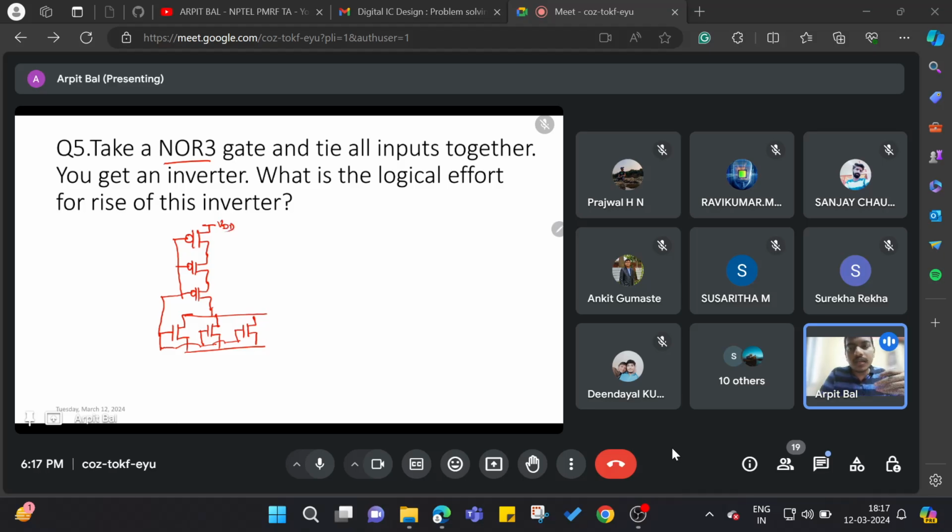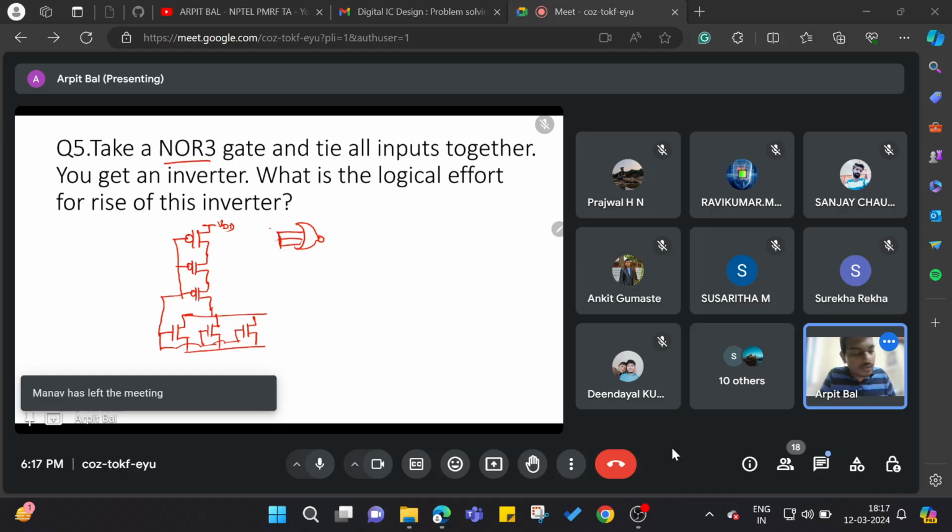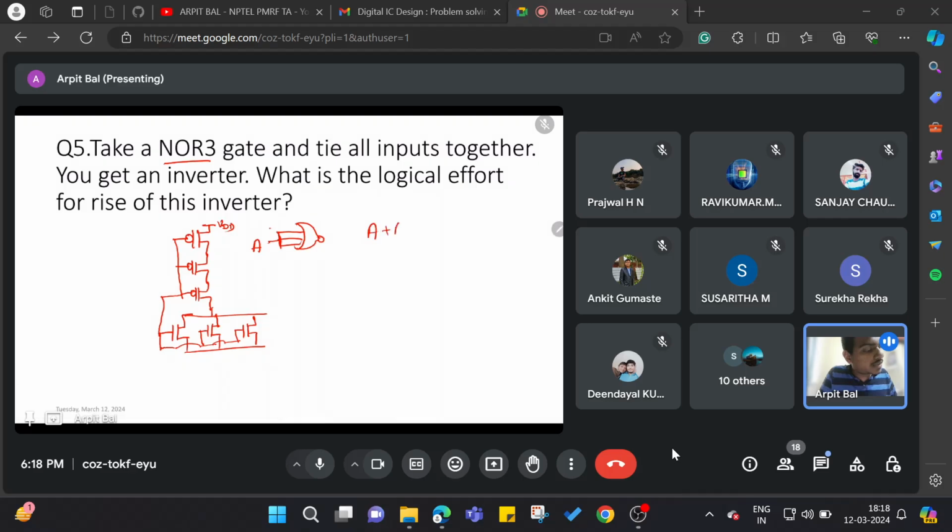But to be in a very generic manner, what I can say is, if it's a NOR3 gate, and I put all these inputs connected together and apply an input A, it will be A plus A whole bar, that is going to be A bar.